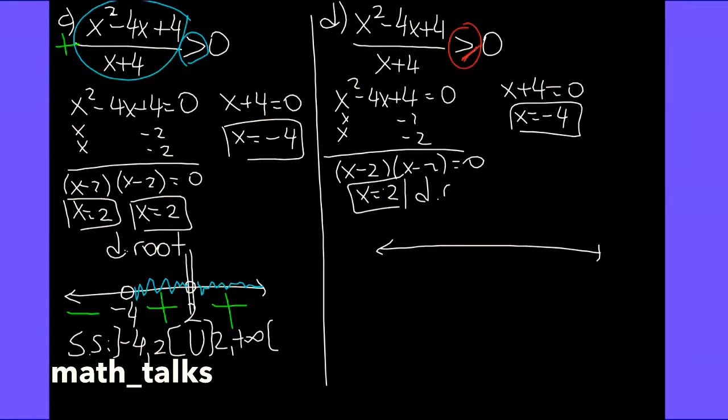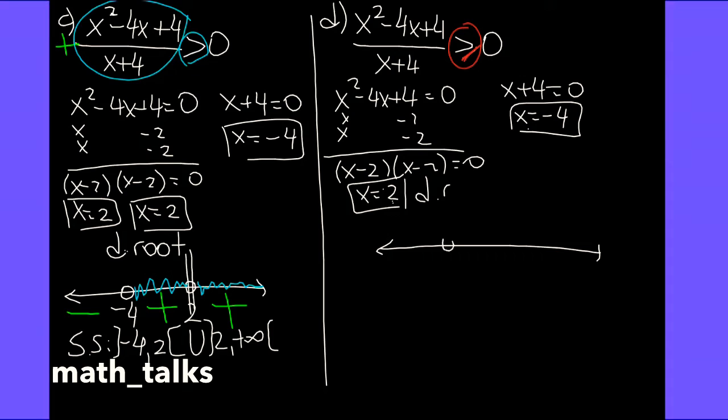If one of them makes your denominator 0, that point will not be included, or it's an empty point. Okay? So let's check 2x plus 4, our denominator. So 2 plus 4, it's 6. That's okay. It's a positive number. How about now for this one? x equals -4. -4 plus 4, it will be 0.